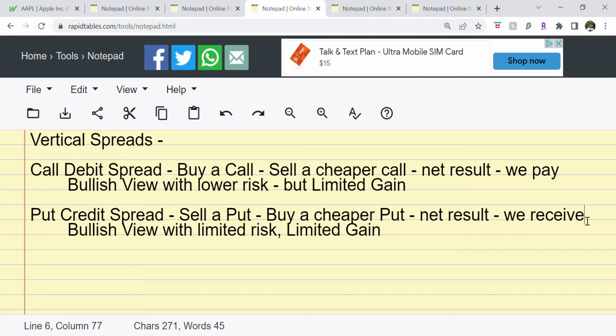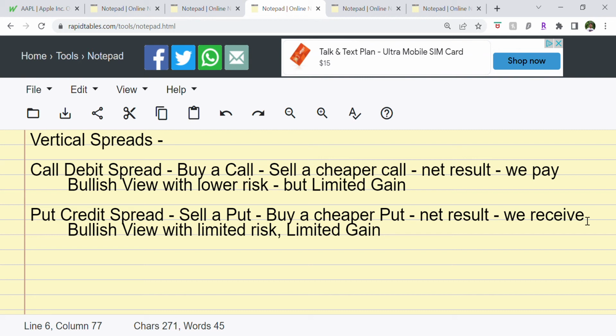Suppose the 905 put, some day in the month of May, was at say $25, and the 900 put is at 23.